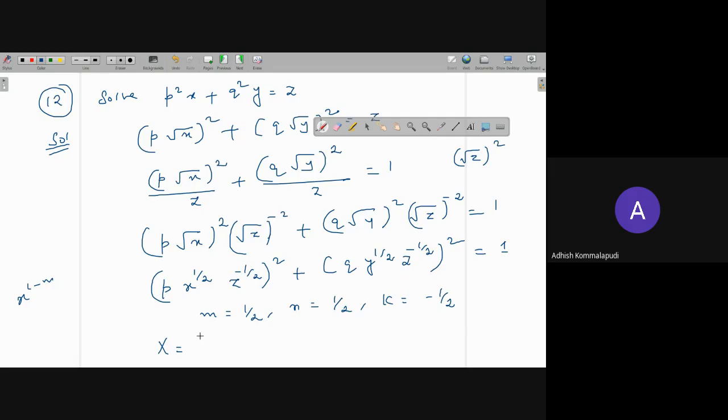Then capital Y is y power 1 minus n, so y power 1 minus half is half. And capital K is minus half. What is the substitution here?